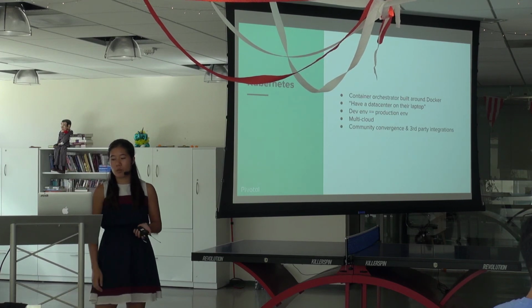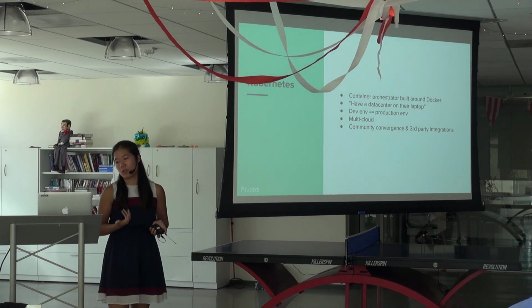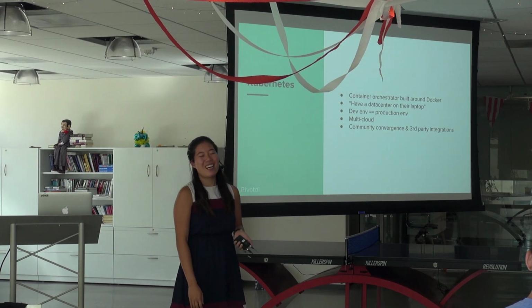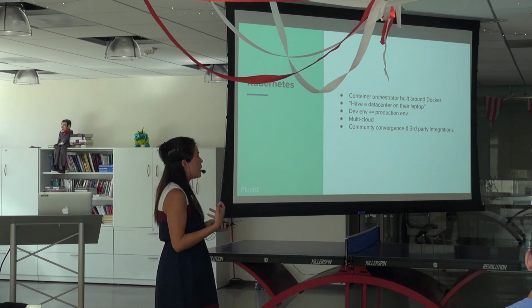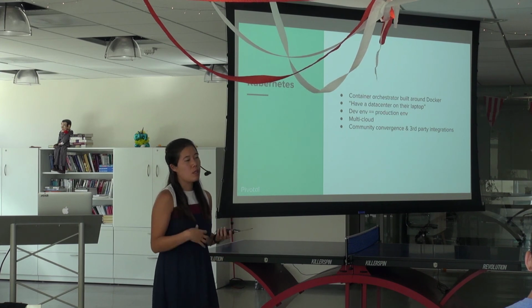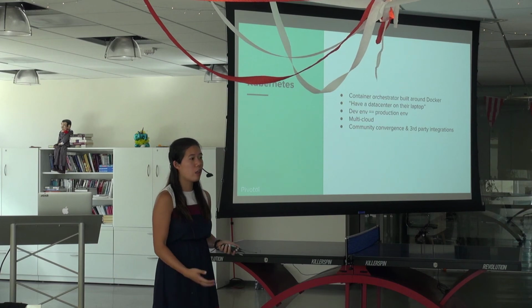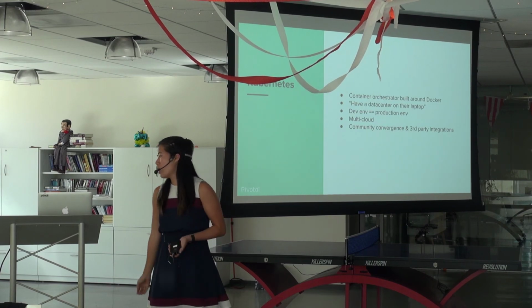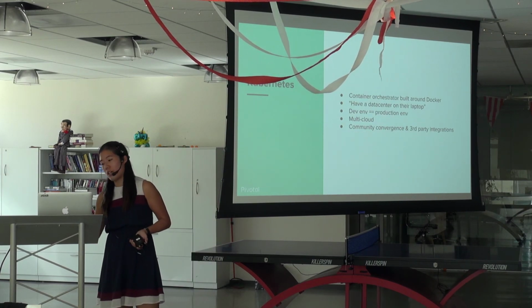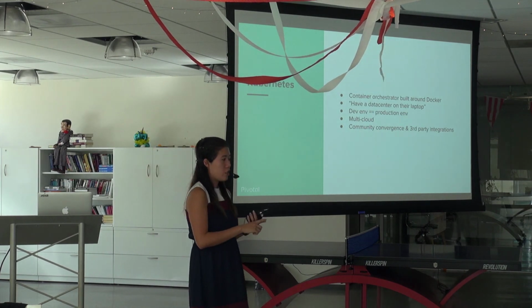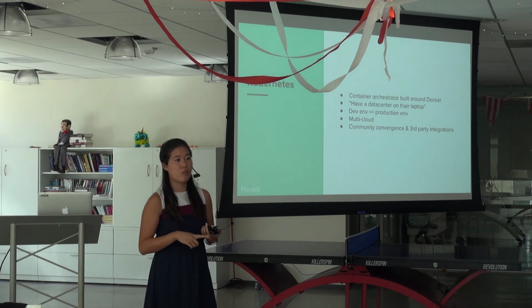And last but not least, or maybe not last but not least, but one of the biggest things, is we've really seen in the past year or two a huge community convergence around Kubernetes. One way we see this is with a lot of third-party integrations. With Kubernetes, you get third-party integrations such as Prometheus for monitoring.